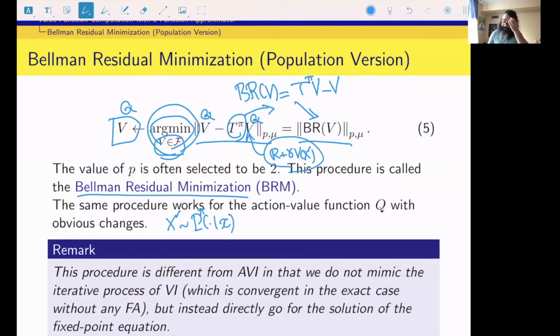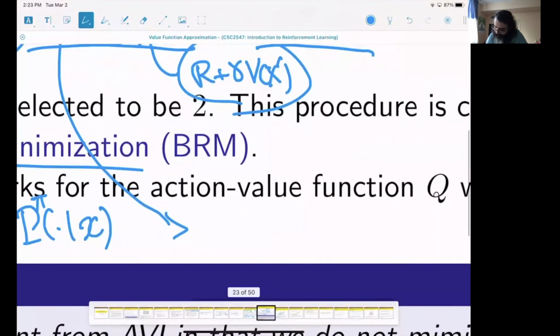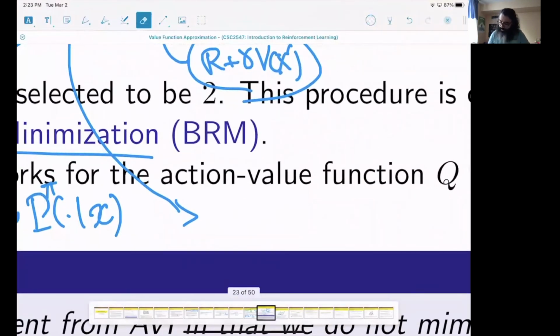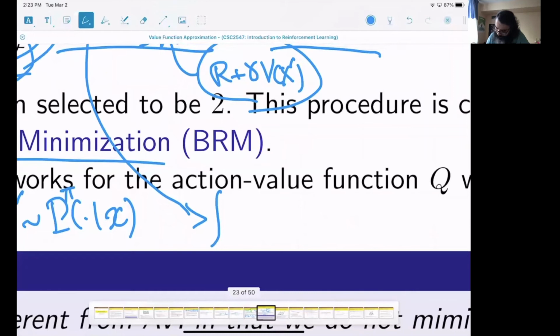Maybe if I just write this down, let me zoom in. Hopefully it fits.